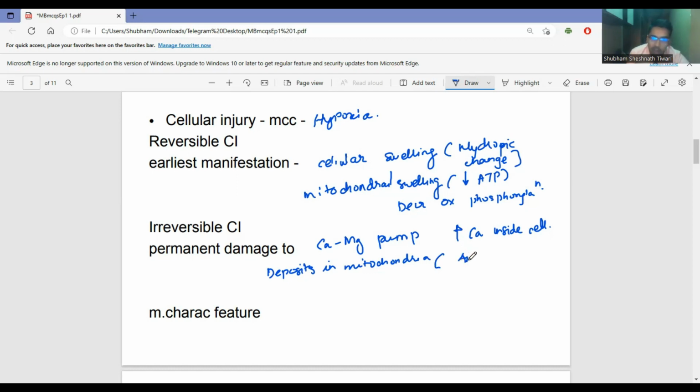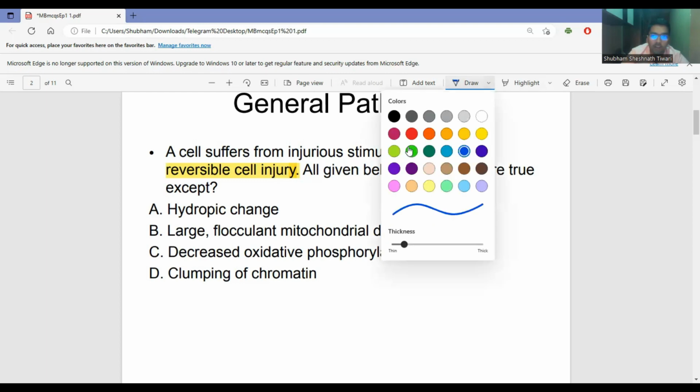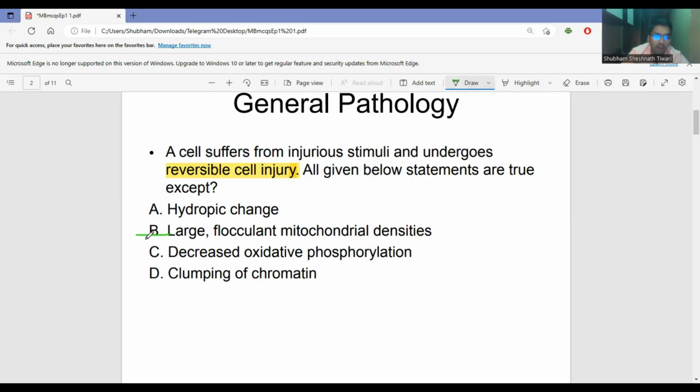They are amorphous in nature, they are large in size, and they are also sometimes referred to as flocculent densities. And as we all know, these deposits in mitochondria are the most characteristic feature, as I've written here, of irreversible cellular injury. So the correct answer to this question should be option B.